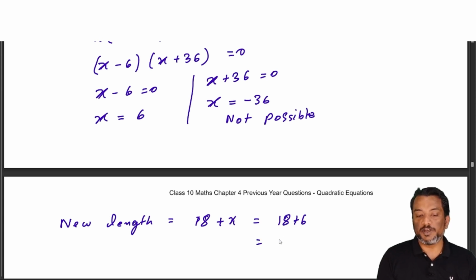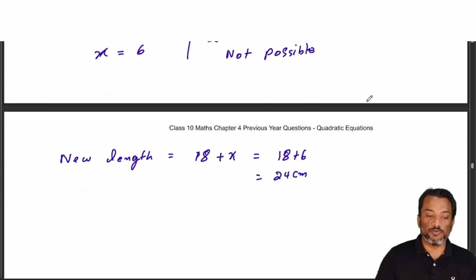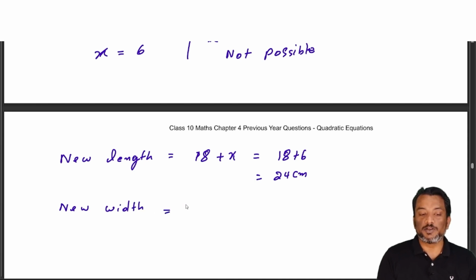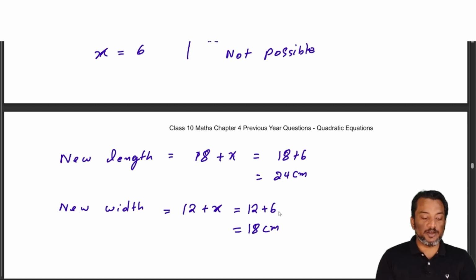You will get 24 centimeter. Now new width is equal to 12 plus x. So we can say 12 plus 6. You can say 18 centimeter. So this way you can find the area and you have got it.